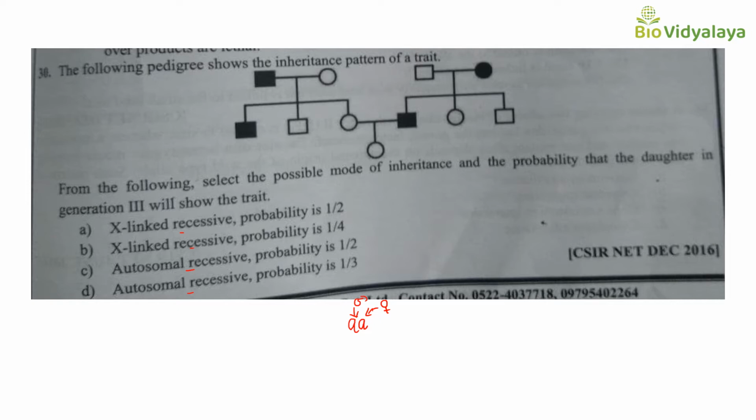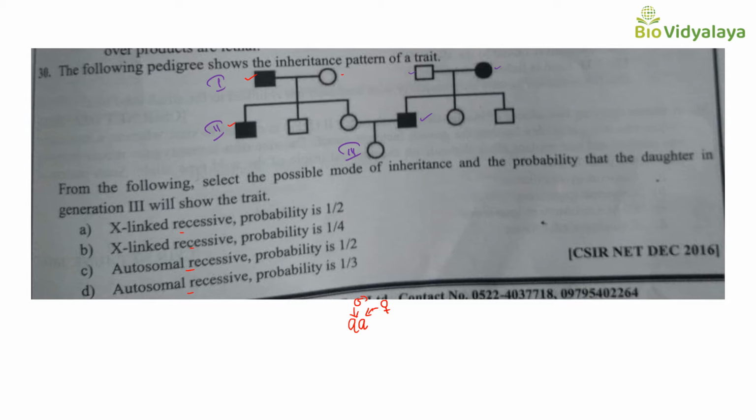Here you can see that this father is affected but this mother is unaffected, yet one of their sons is affected. Here also the mother is affected but the father is normal, but one of their sons is affected. This is the first generation, this is the second generation and this is the third generation.